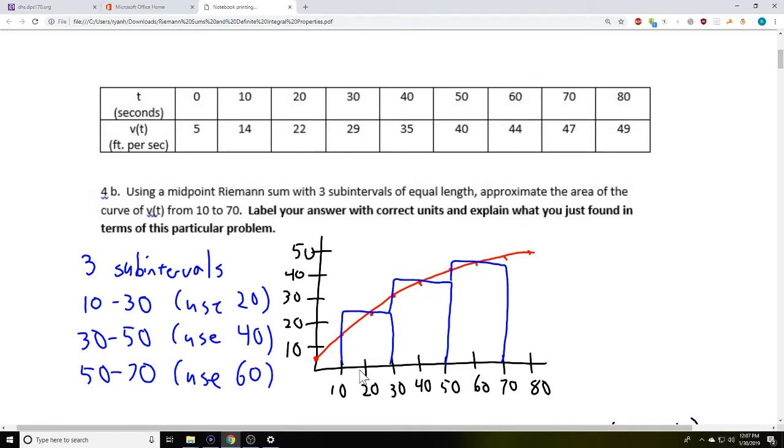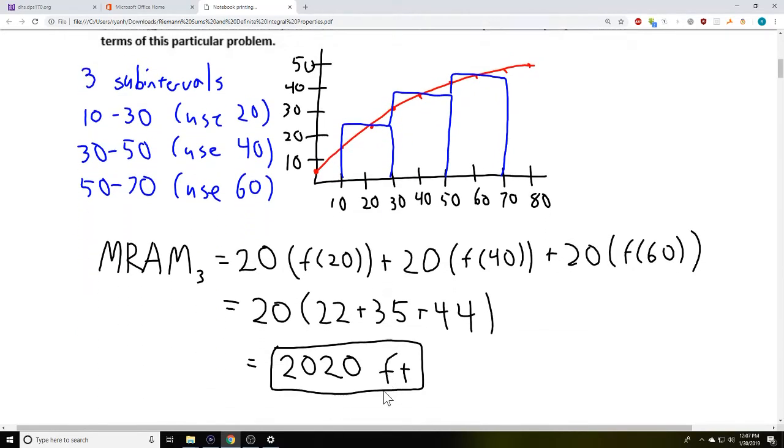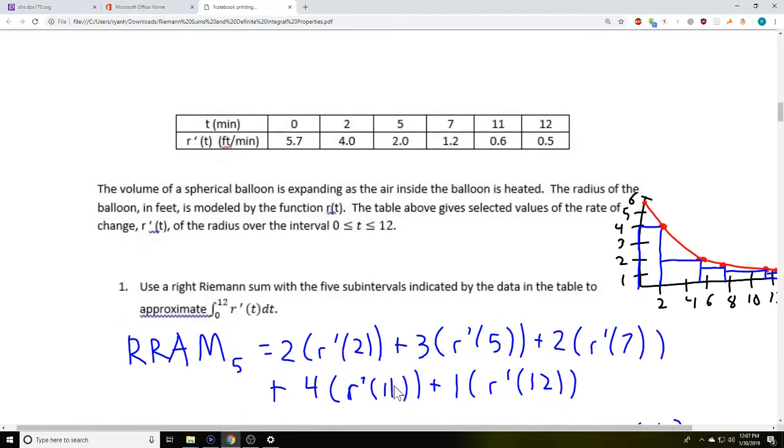That would be an even closer area. So let's let the number of rectangles go to infinity. In other words, a limit as the number of rectangles approaches infinity of this sum, right? That's the more technical way that we write out our integrals, and we'll talk about that more when we come back.